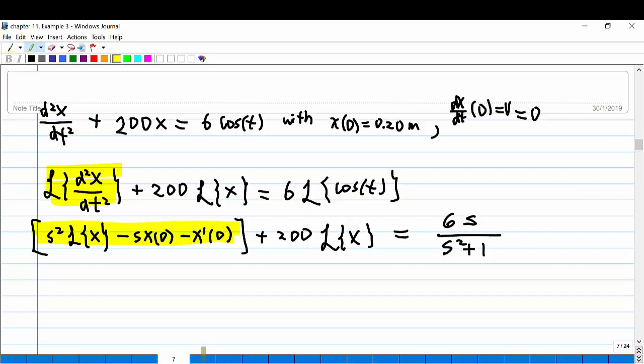Now we put in the conditions. Initial position is 0.2. Initial velocity is 0.